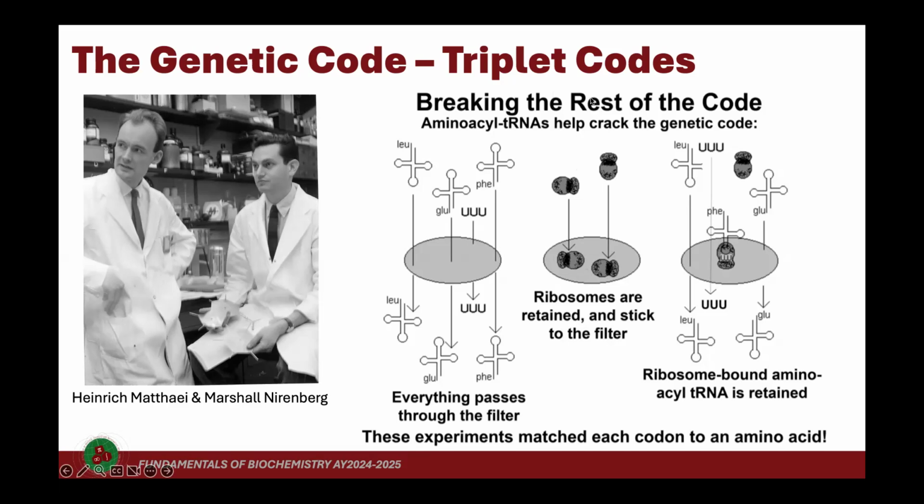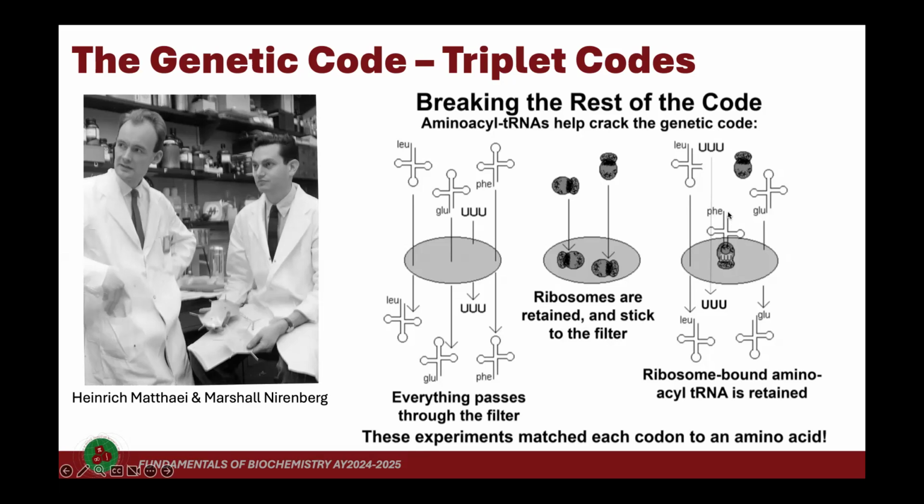So what they did was they allowed ribosomes to pass through the filter first. So the ribosomes are there in the filter, and then they allowed the passage of the tRNA molecules and the mRNA. Now the mRNA is also synthetic in this case, and what they observed was that there is only one tRNA molecule that gets trapped in the filter.